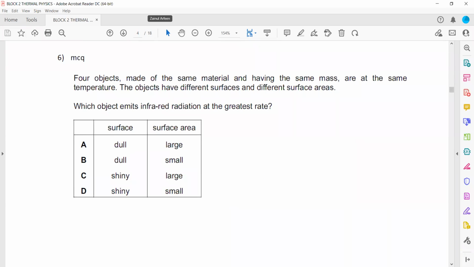In question 6, four objects are made from the same material, they have the same mass and they have the same temperature. The objects have different surfaces and different surface areas. Which object emits infrared with the greatest rate? The rate of emission of infrared depends on the temperature.